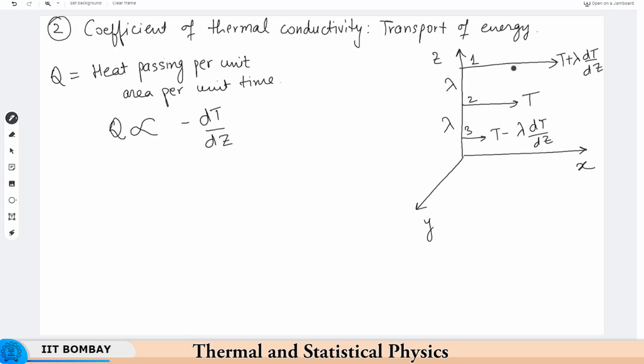Why minus? Because heat goes from high temperature to low temperature. If we want to remove the proportionality sign, this becomes minus k dT by dz. Here k is known as the coefficient of thermal conductivity.